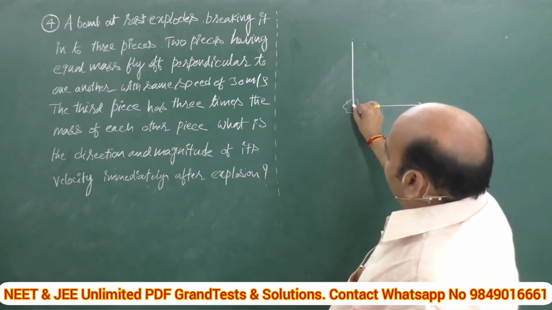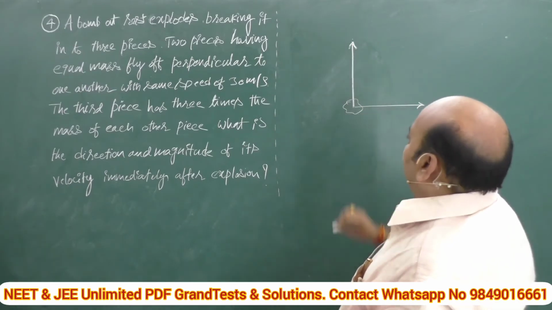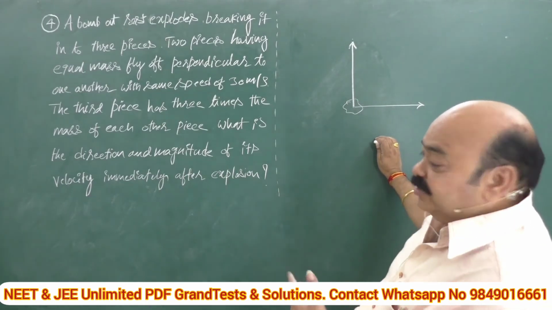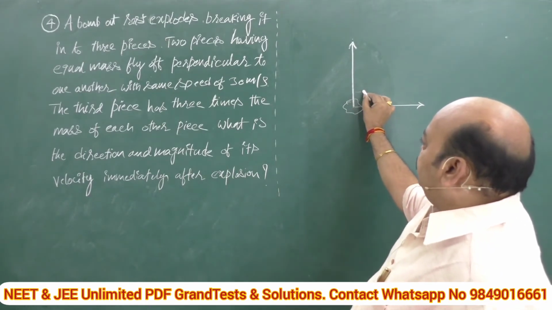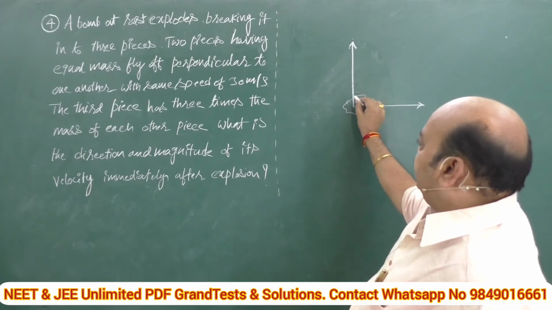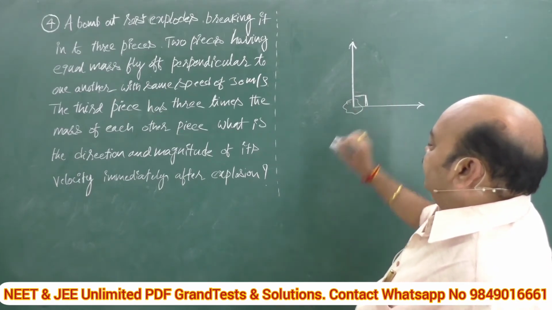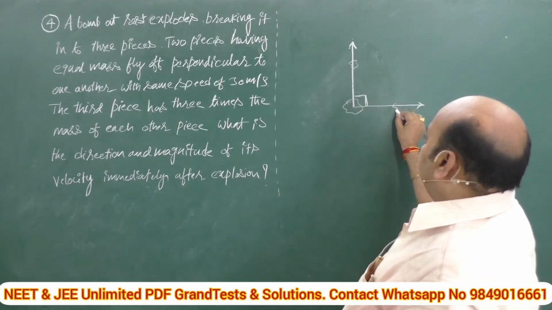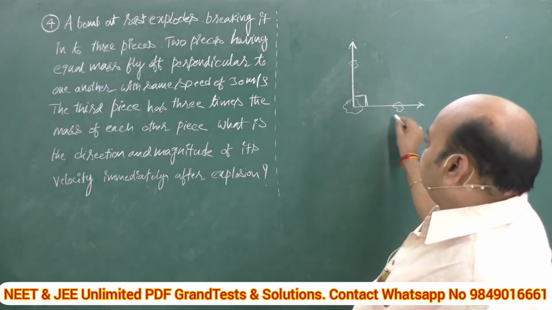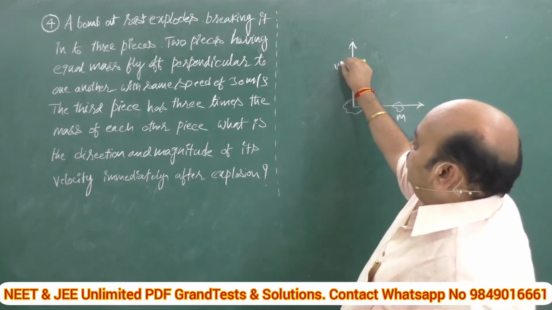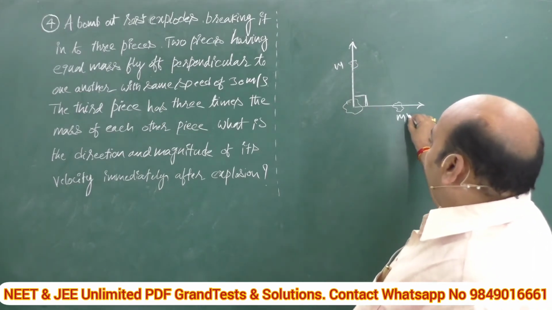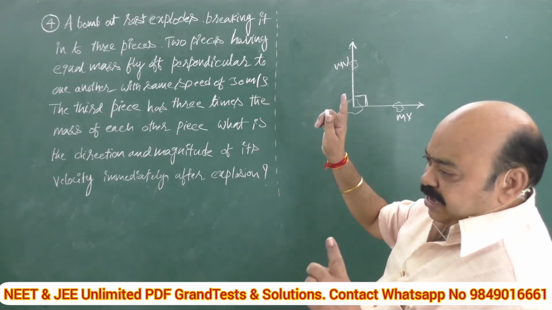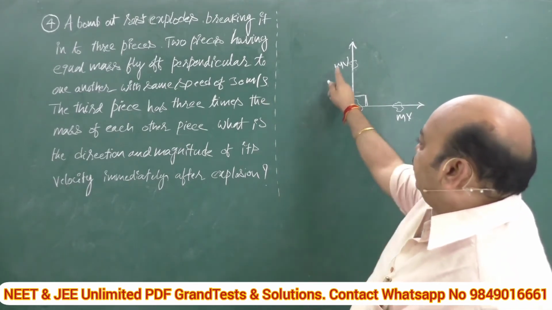I am trying to show the dimensions and magnitudes as well. That means one piece is moving in this direction and another piece is moving in this direction. Their masses are the same. Let us suppose each is m, and they are moving with velocities v and v, because these 2 pieces have equal mass and fly off with equal velocities.